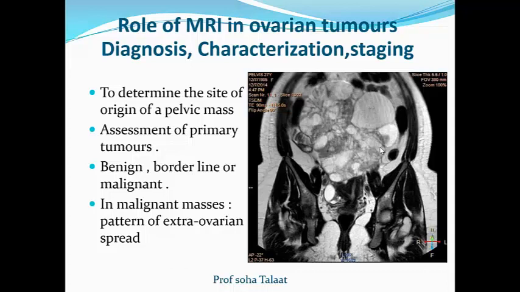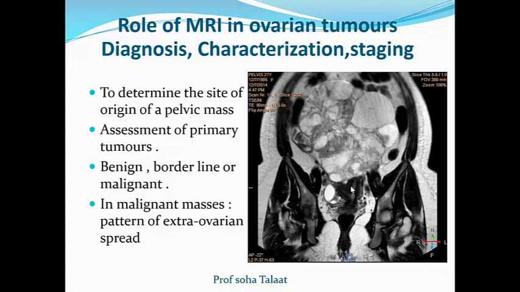Now, what is the site of origin? Here is the right ovary, so the mass is left ovarian. The right ovary shows a follicle here. This is a dominant follicle, not a lesion. But take care to see that there are no enhancing lesions inside on the post-contrast study, because it may be bilateral, and this may be just a smaller one of the large entity.